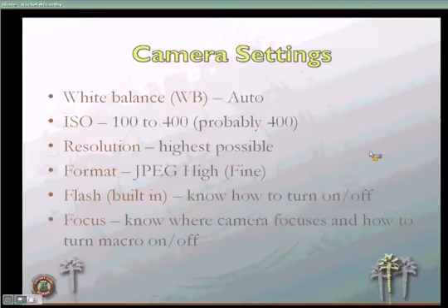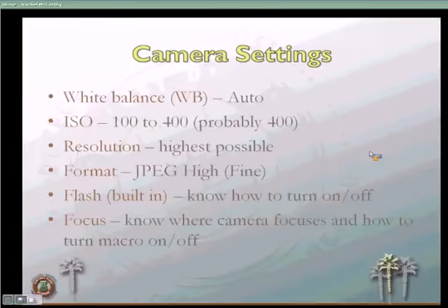A lot of these cameras have built-in flashes, and you're going to want to go back to your instruction manual and figure out how to turn the flash on and off. A lot of times with scientific photography, the flash on the camera is not a good thing to use. It'll just wash out the image, especially when you're doing close-ups. So you're going to want to be able to turn that off.